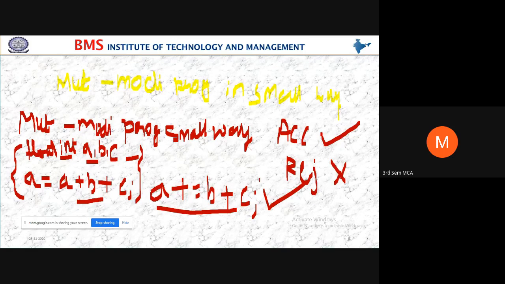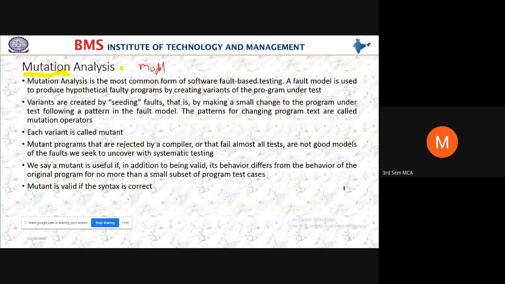If it changes the behavior, for example if I write a star is equal to b plus c, it has no syntax error and no logical error, students, but it is not satisfying my need. My need is to find the sum, but here multiplication is being done, so this mutation is rejected. Understood? This mutation is rejected.